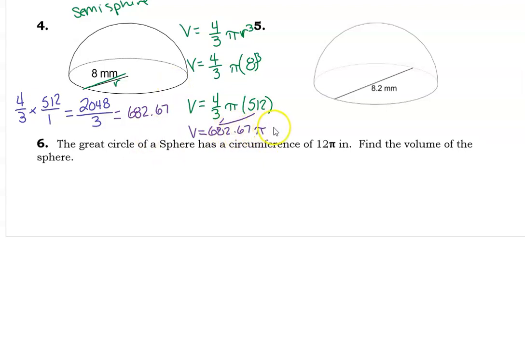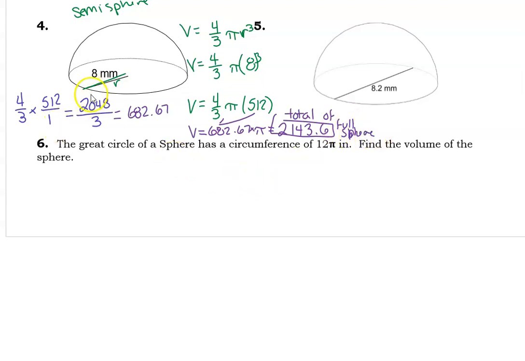I need to put this in a better decimal form, so that's going to be 2,143.6. I just multiplied the 682.67 times pi, and I got that. So that's the total volume of the full sphere.